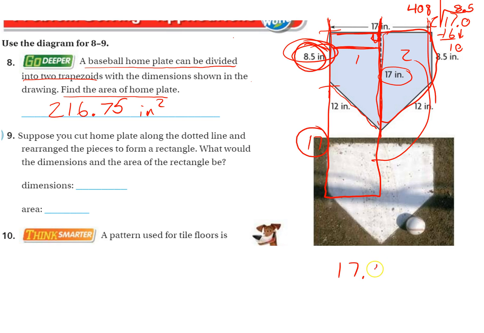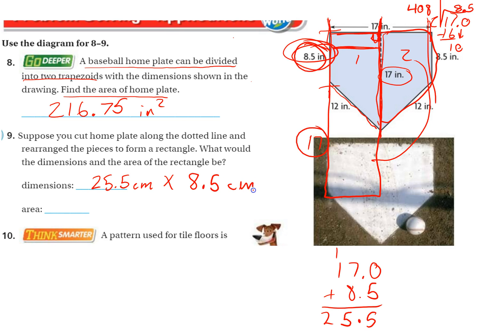I don't remember what I had, though, so I'll just do it again. Decimals lined up because I'm adding them. 25.5. So the dimensions would be 25.5 centimeters by, and then my height would still be the 8.5. And the area would be the same. That didn't change. Just because we moved the pieces around doesn't mean we changed the size of the pieces. These pieces would still be the same size.